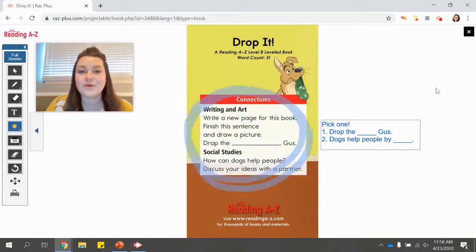Now, what we're going to do is we're going to do the writing portion of our lesson. So you are going to write a new line for this book and you're going to pick one. So I've written your options over here. You can either choose one, drop the blank Gus, or you can write about how dogs help people.